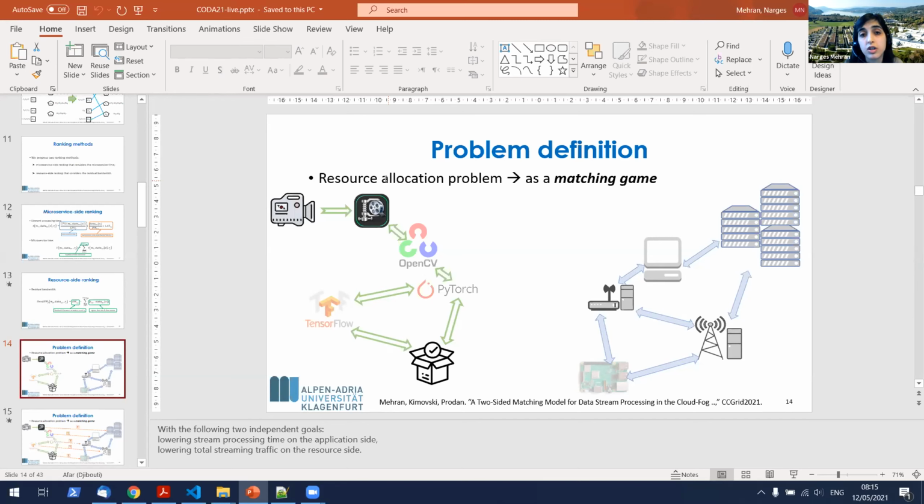Actually, this was resource allocation, and we didn't propose at which specific time the application microservice should start its execution. What we assumed was that we allocate the microservice, and this microservice, considering the container, will start its execution, and then it will receive the data in order to continue its execution.